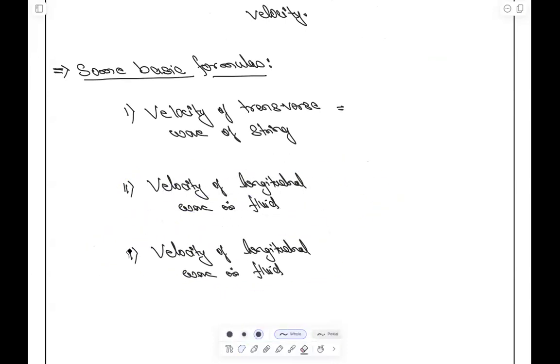Third, velocity of longitudinal wave in fluid with Laplace correction. ऐसा कुछ भी नहीं है जो तुम्हारे 11th क्लास के एनसीईआरटी में नहीं गिवन है. गिविंग यू 2-3 मिनट्स, लिखना स्टार्ट करो. लिख लो फिर I will ask.